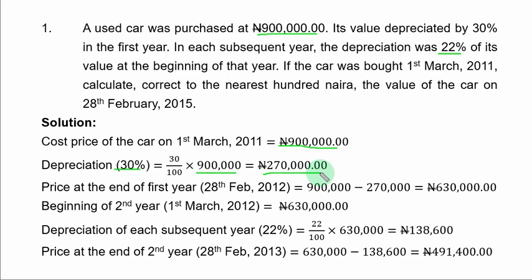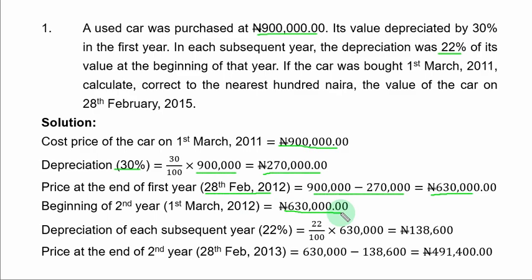The end of the first year is February 28, 2012, that is when 1 year will come to an end. So the price at the end of the first year is 900,000 minus the depreciation of 270,000, and that reduces to 630,000 naira.